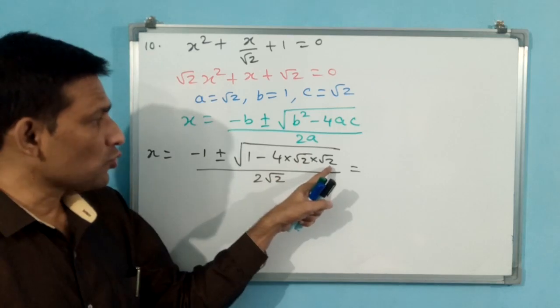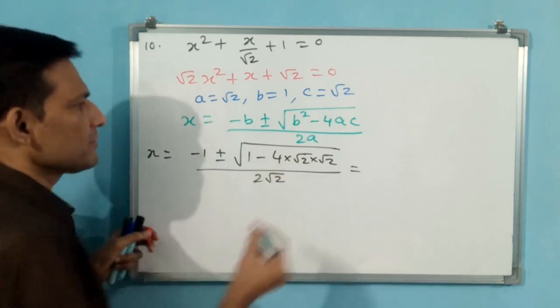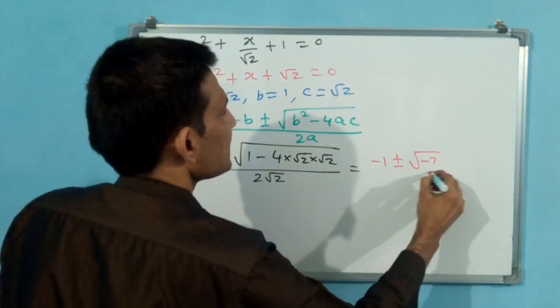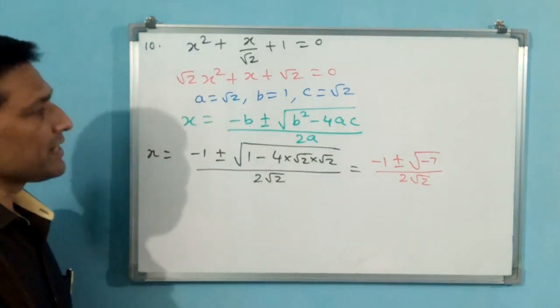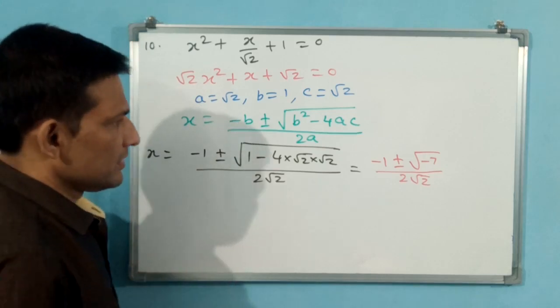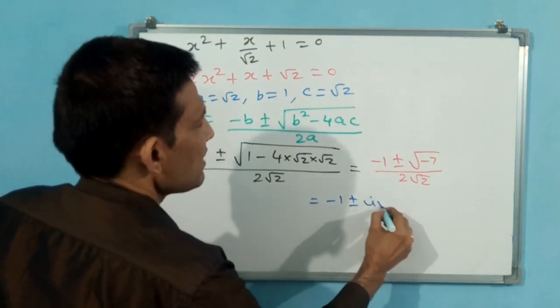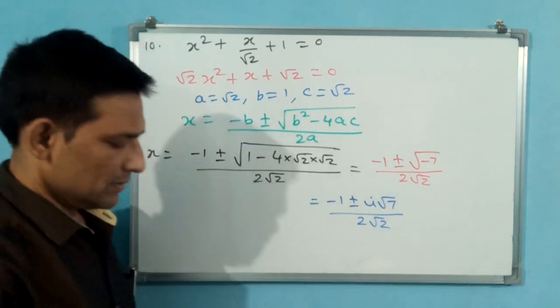Now root 2 into root 2, 2. 2 into 4, 8. 1 minus 8, minus 7. Minus 1 plus or minus square root of minus 7 by 2 root 2. But how can you write that finally? Finally, this can be written like this: minus 1 plus or minus I root 7 by 2 root 2. Is it okay?